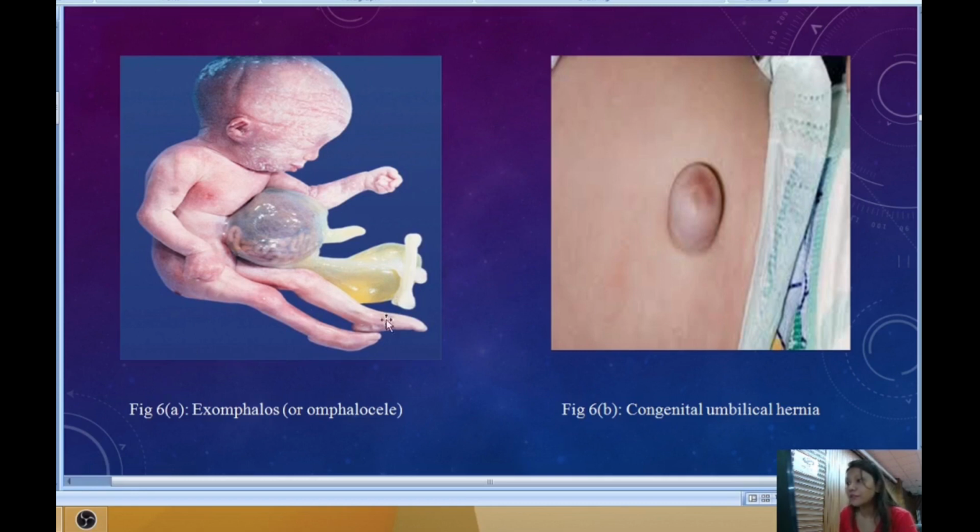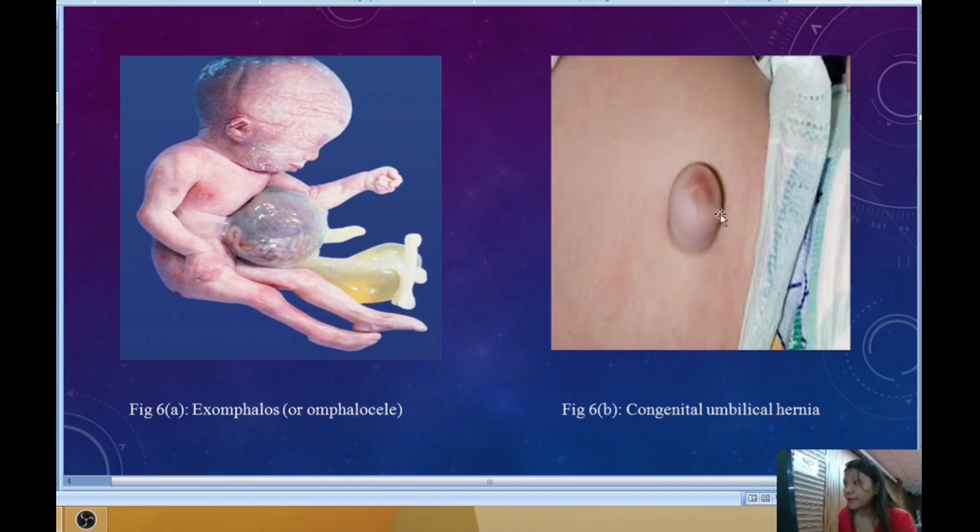You know or not? The difference between these two? By seeing only you can tell. See, in both the loop comes out. In here also the intestinal loop comes out. The difference is in the membrane. This one is the amnion. But here you have the skin, right? You have the peritoneum.